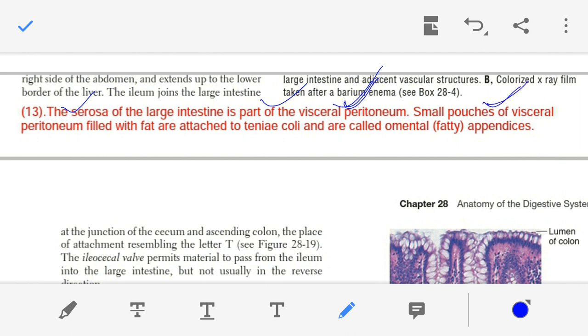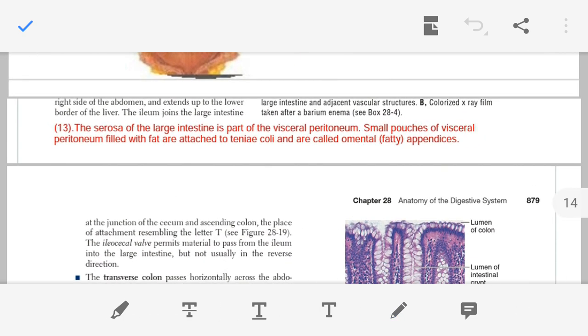Small pouches of this visceral peritoneum are filled with fat. So the pouches filled with fat attach to the tenia coli, and they are known as omental appendices.